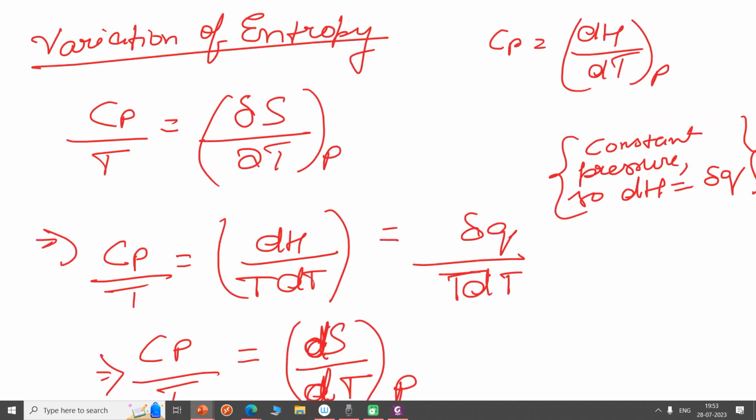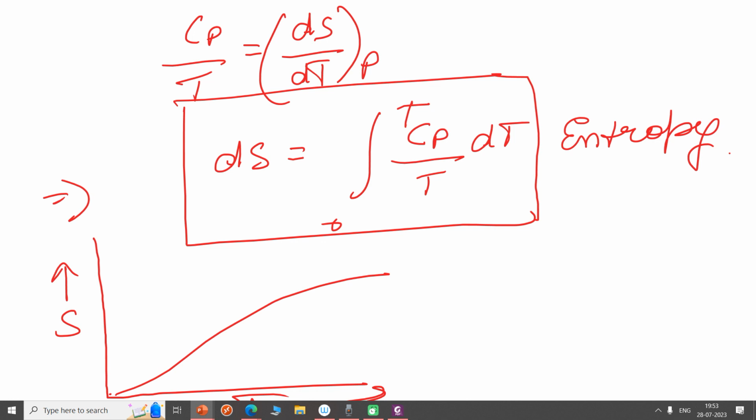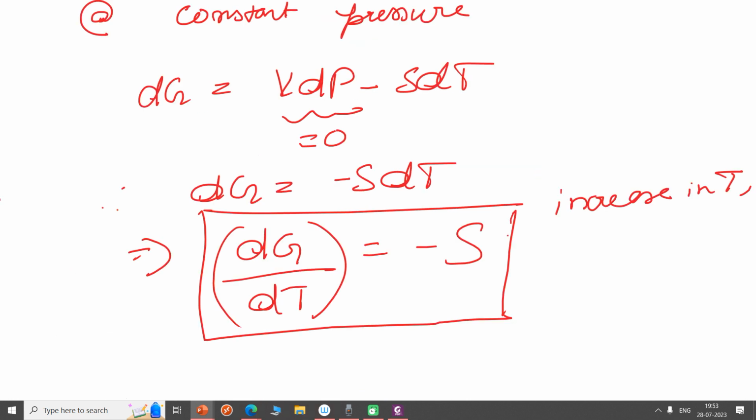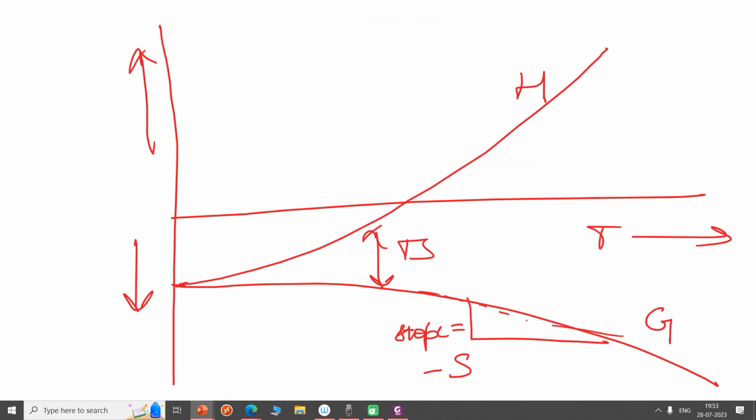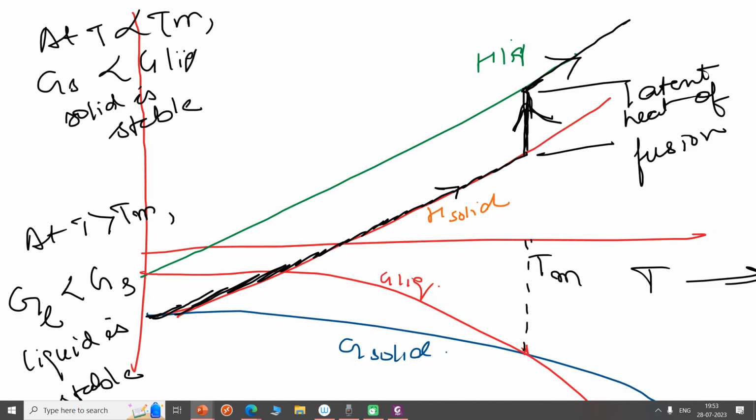And from this we have seen how, from these equations, we can evaluate the free energy, and the free energy curves can give us an idea about the stability of multiple phases under different temperatures.